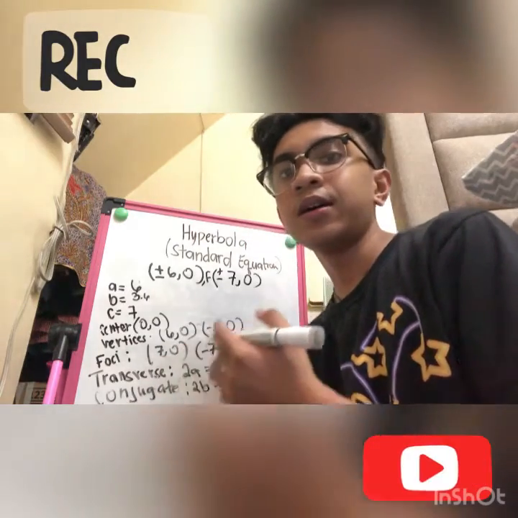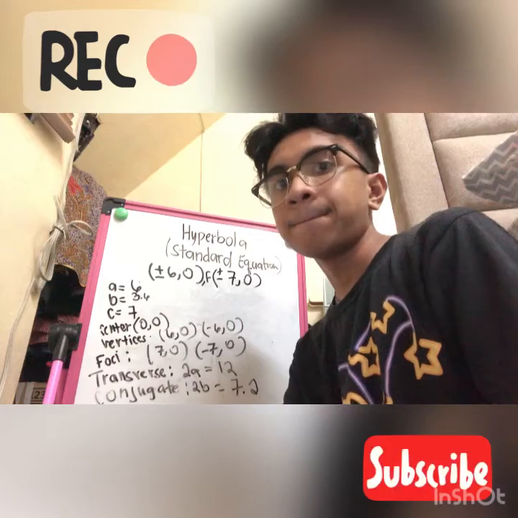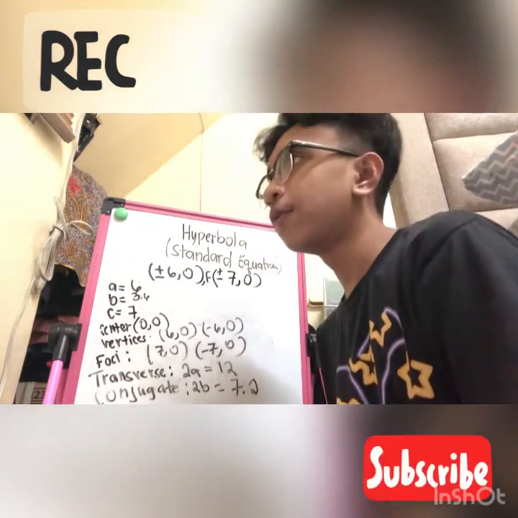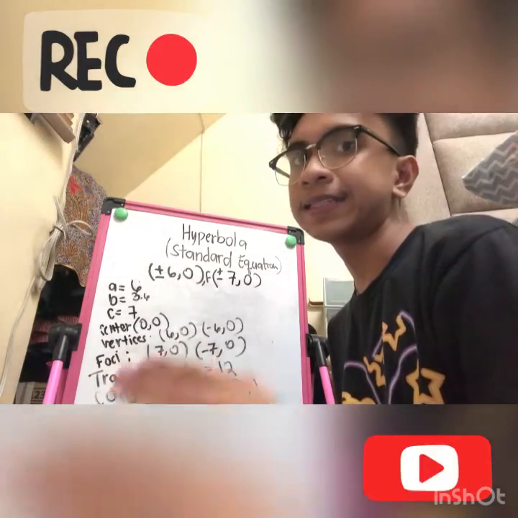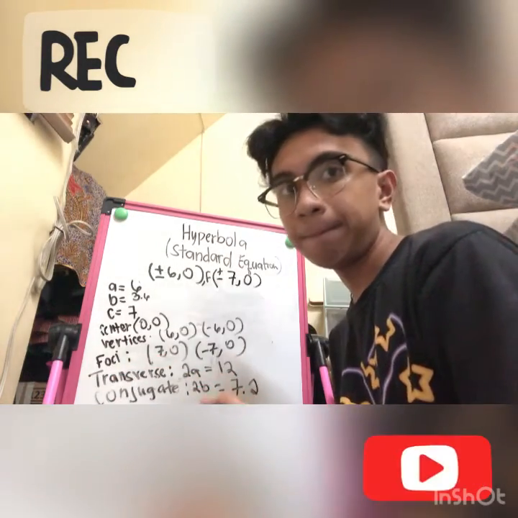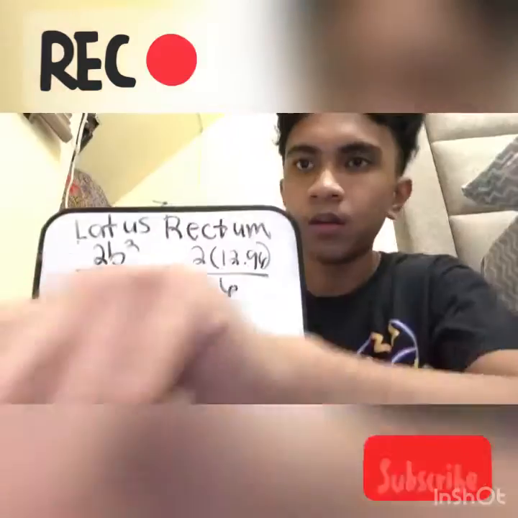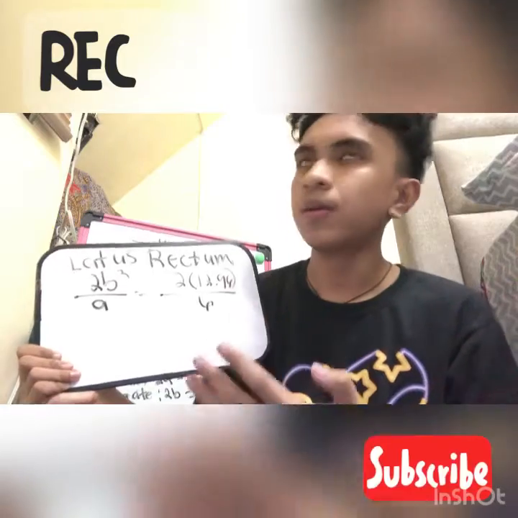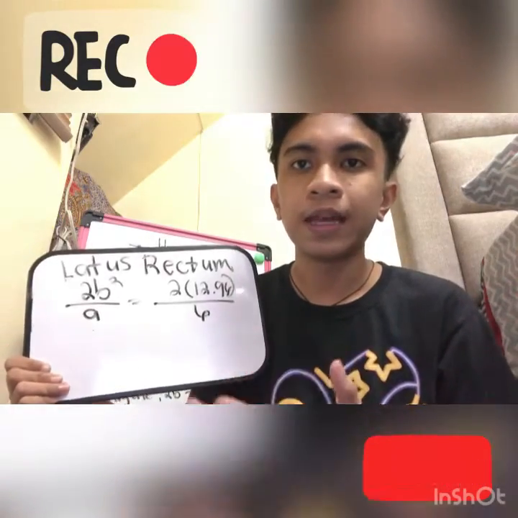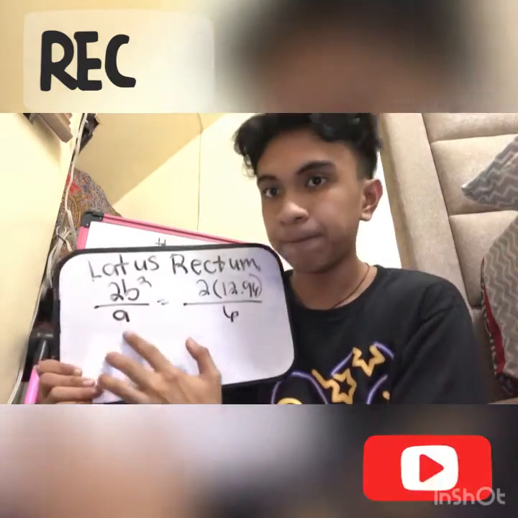Now we have identified all the missing terms that we need. Let's move to the formulation of the standard equation and sketching the graph. For the latus rectum, the formula is 2b squared over a.